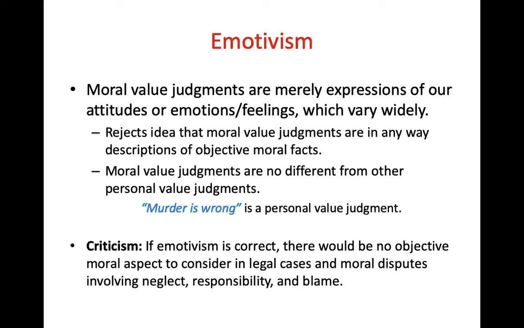Now, many people think emotivism is not really a good enough moral theory, although it's the sort of theory a lot of people use. Basically, if something feels wrong, it's wrong. People say, I use my gut to decide whether something's wrong. One criticism of emotivism is this: if it's correct, there is no objective moral aspect to consider, ever, in legal cases and moral disputes involving, say, neglect, responsibility, and blame.